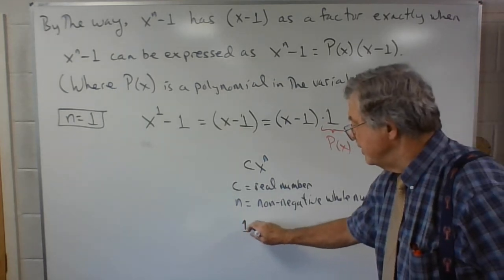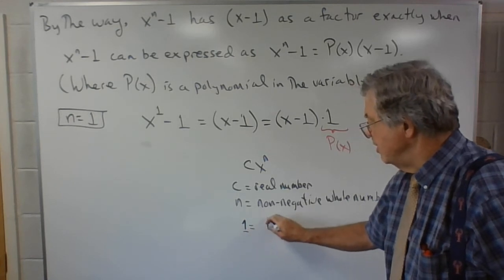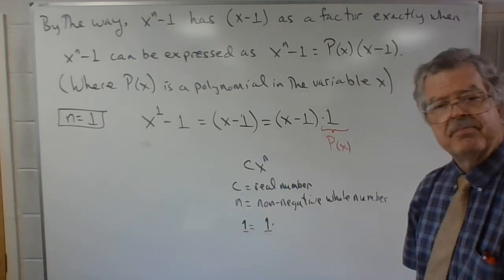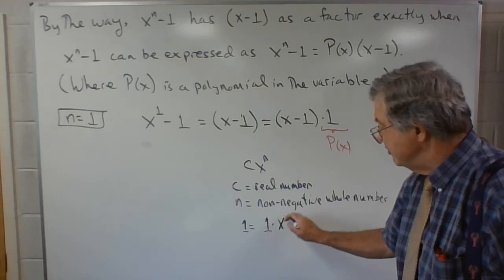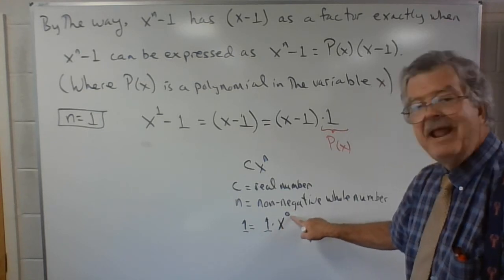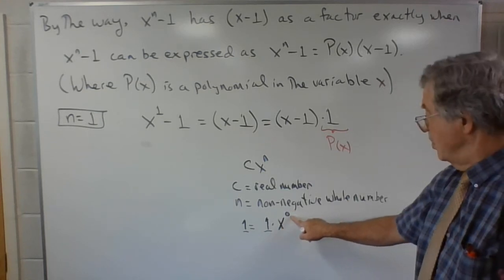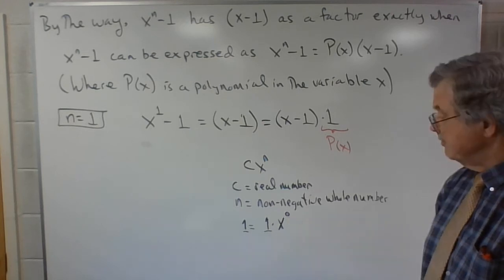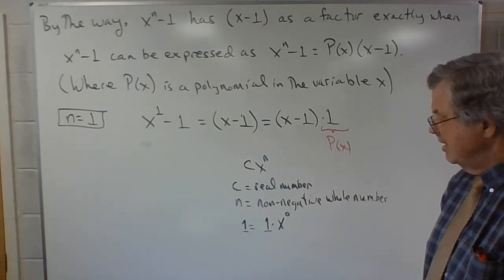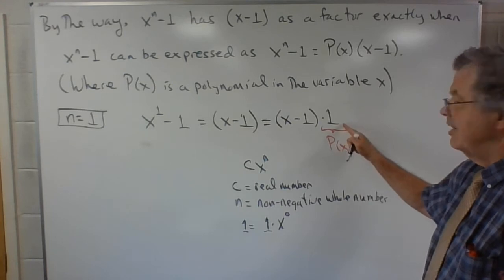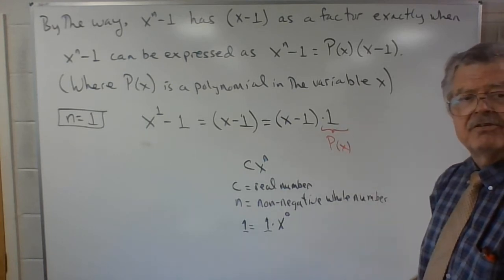One equals the real number 1 times x to the power of this non-negative whole number, 0. So this is our polynomial p of x.